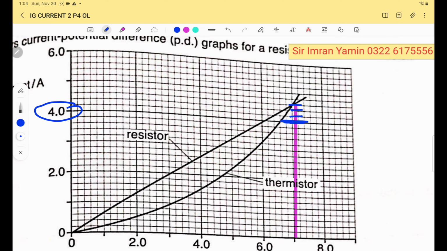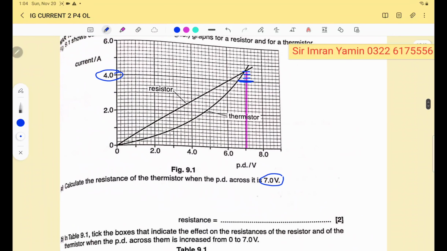If the current is 4.6, they are asking resistance. Resistance is equal to V upon I. V is 7, I is 4.6, and if you divide, the result is 1.5 ohm.